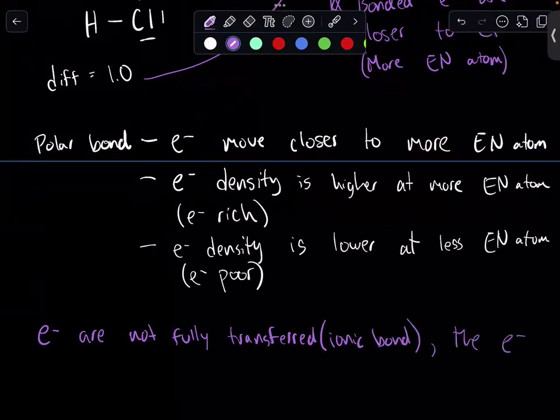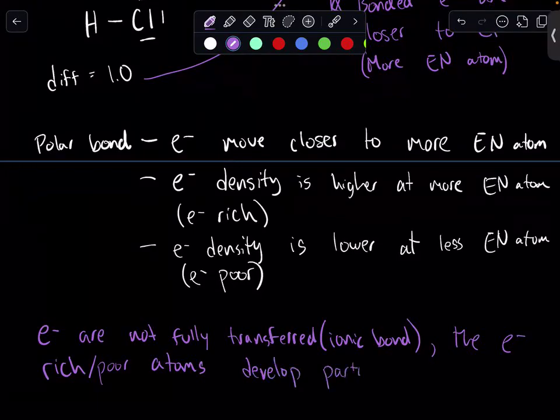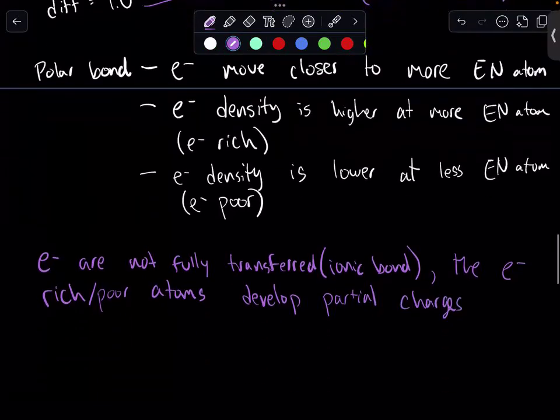The electron rich and poor atoms develop partial charges. So they don't become full ions, they become almost kind of like partial ions.